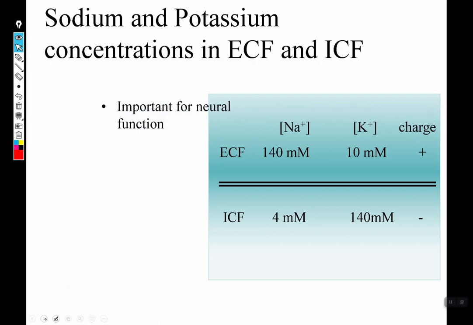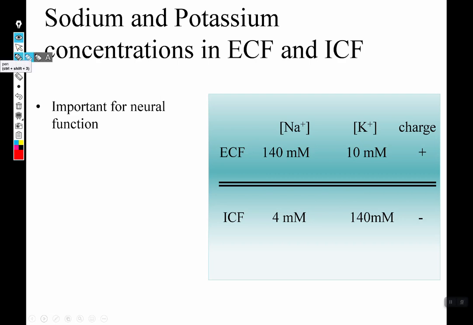And in doing so, we'll also talk about what those things mean for neuron function and how ambient sodium and potassium concentrations in plasma and extracellular fluid make a huge difference for neuron function.